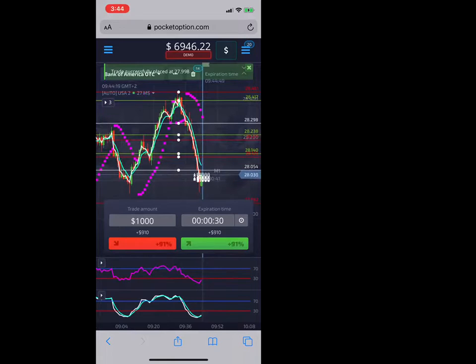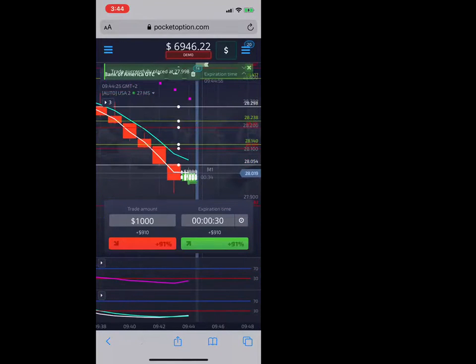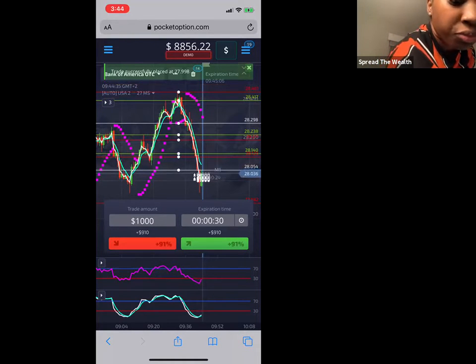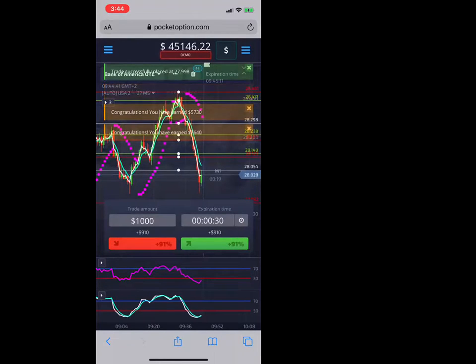And what I learned about this is the institutional knowledge that I have is cool, but it only gets you but so far. Because if I was just going off order blocks, fair value gaps, and all that type stuff, boom, 37. All right, cool. 45.